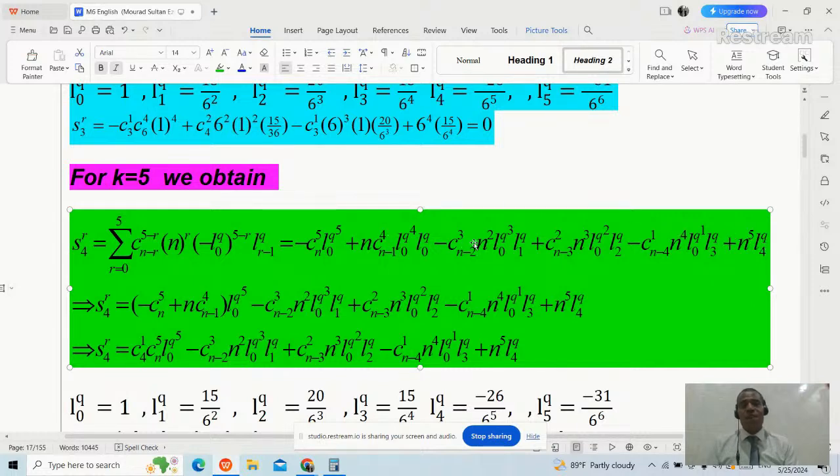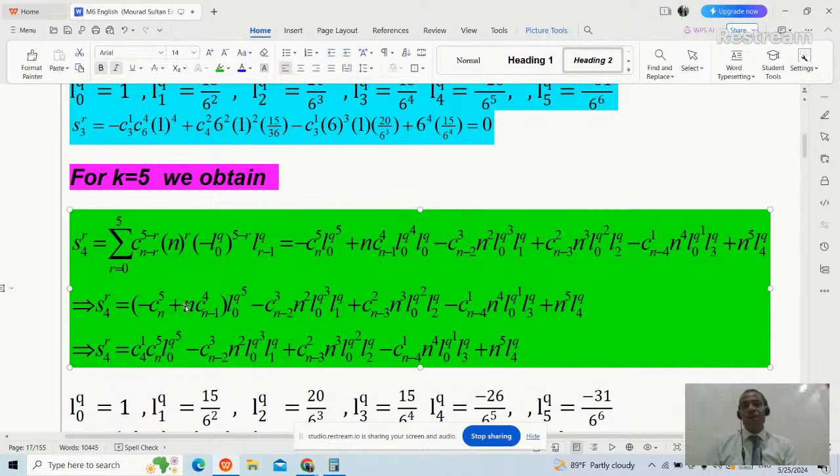Okay, this one I can simplify, learners. I will just simplify the first two terms, but the rest will be written as it is, no change. You can see this one, negative combination n minus 2 choose 3 up to L4 is written here, no change.